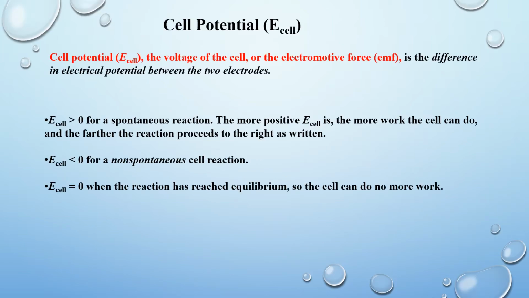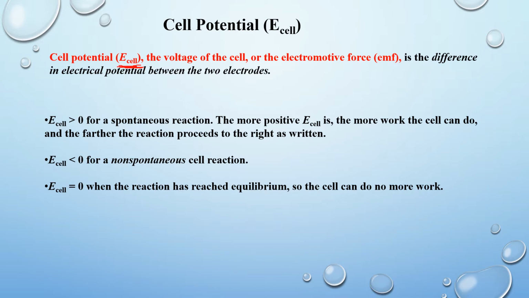A voltaic cell converts the free energy change of a spontaneous reaction into the kinetic energy of electrons moving through an external circuit. This electrical energy is proportional to the difference in electrical potential between the two electrodes, which is called the cell potential.